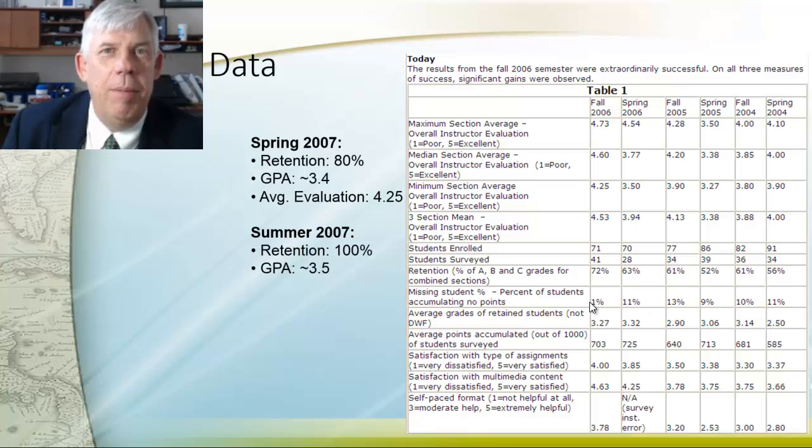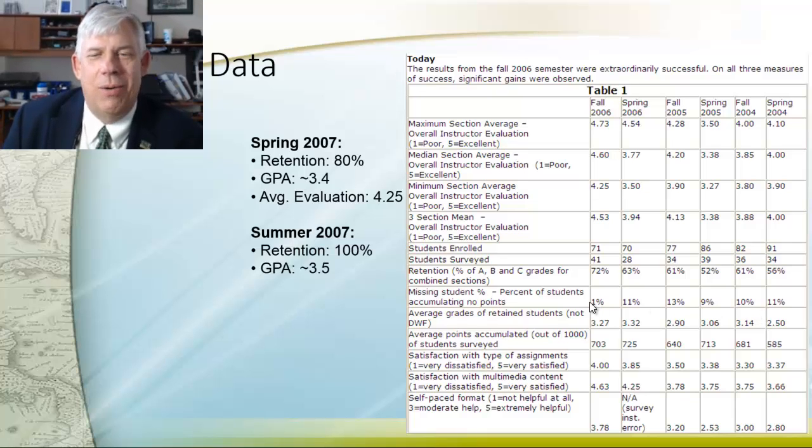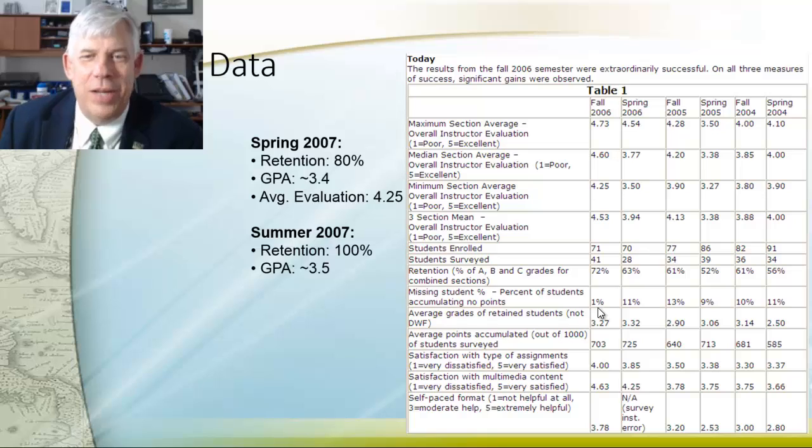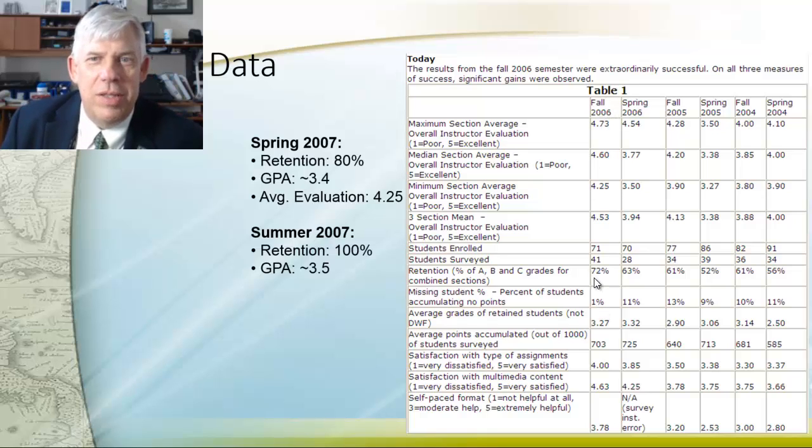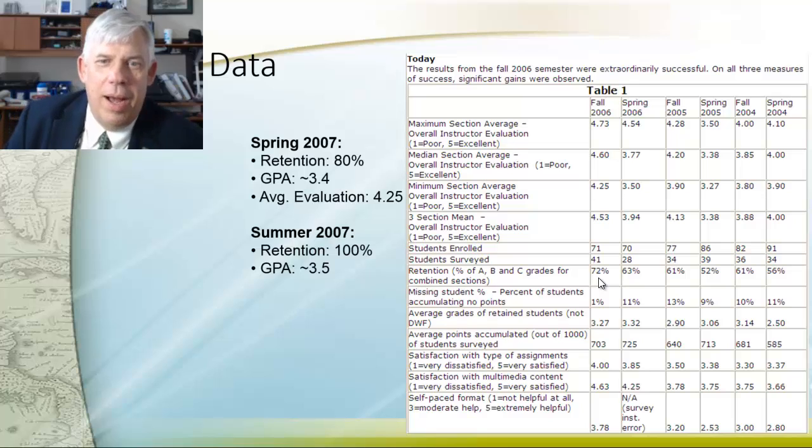Retention, this key number, dropped, or losses dropped significantly down to 1%. And in fact, in fall 2007, we got the best evaluations and the best retention in the history of the course. The average grades of the students did not actually change that much.